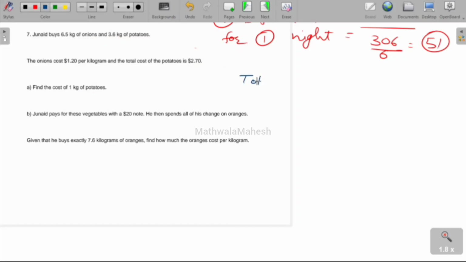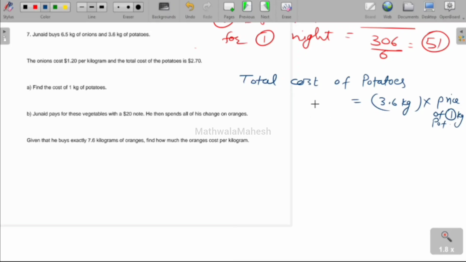So the total cost of potatoes is equal to 3.6 kg of potatoes into the price of 1 kg of potato.